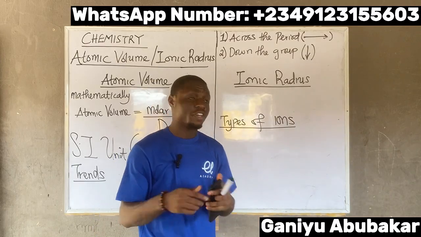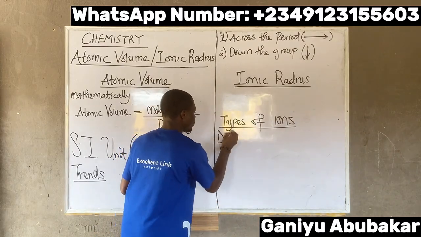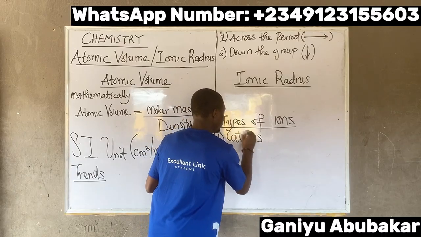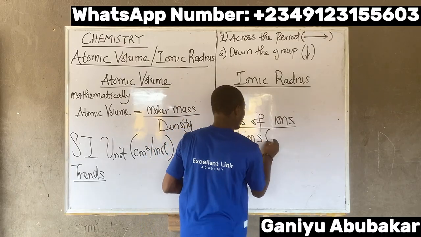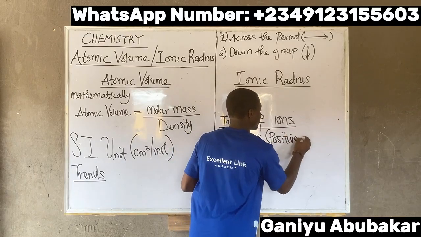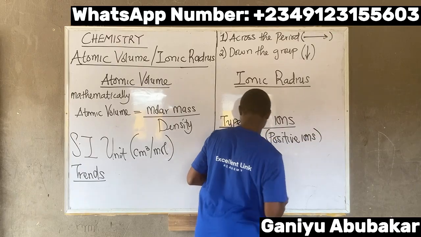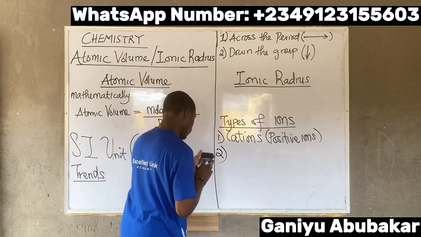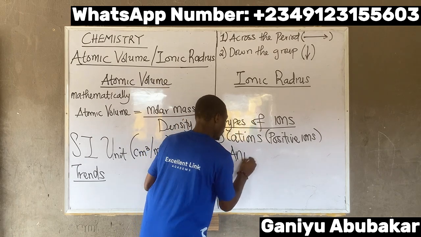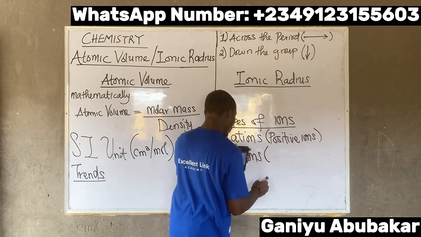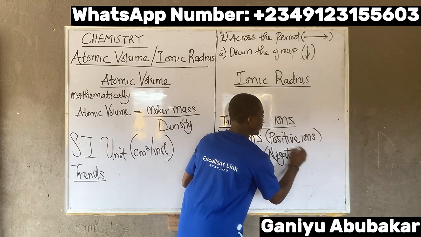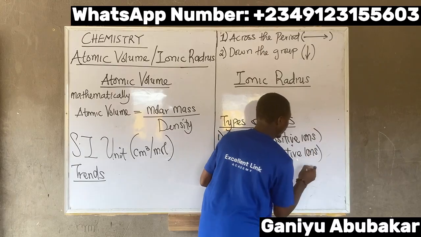So let's look at the types of ion that we have. There are basically two types of ion. The first one is called cation. Cations are called the positive ions. Number two, we have the anion. Anions are called the negative ions.